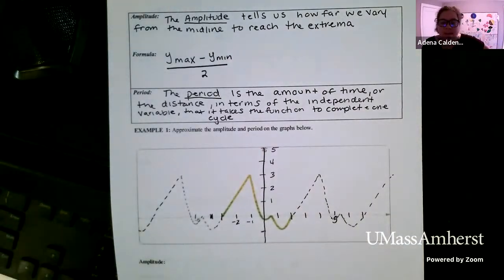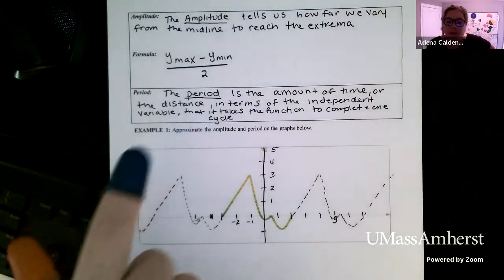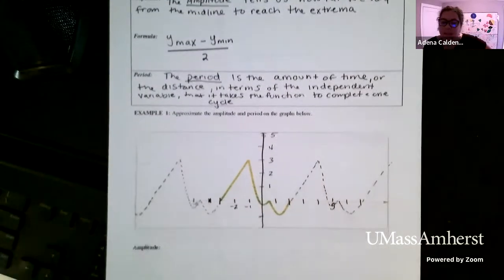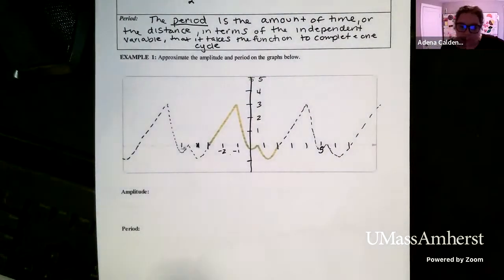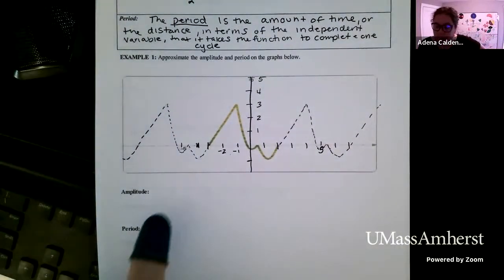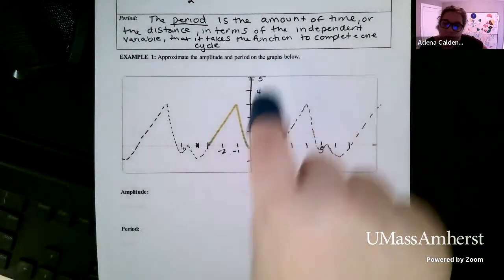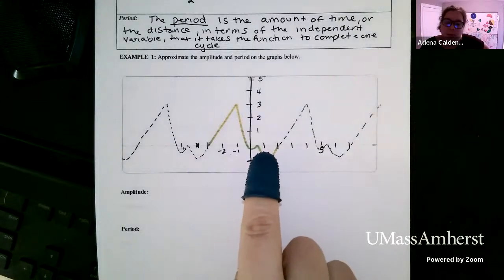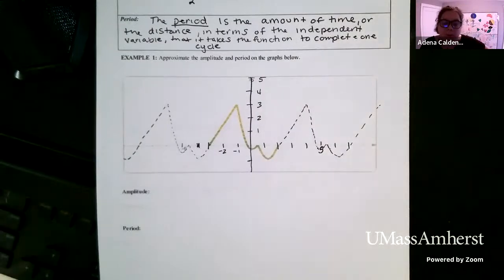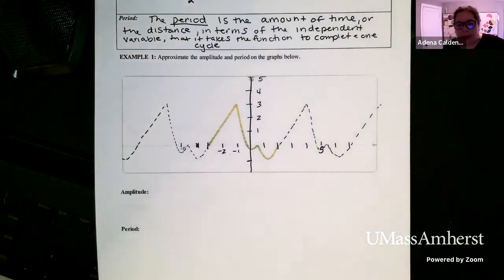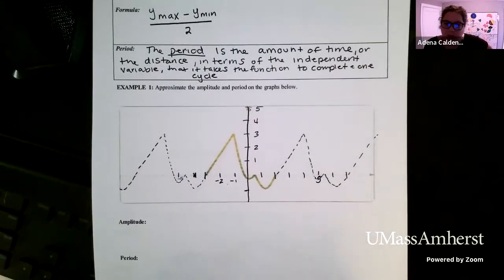So let's take these two ideas, this idea of amplitude with our formula and this idea of period, which is repetition, and see if we can look at this particular graph or periodic function and determine the amplitude and the period. You can see how I've labeled 1, 2, 3, 4, 5 up the axes. This is also counting by ones. I've just ticked off the tick marks. Okay, so I want you to take, I don't know, a minute and a half. See if you can put this into play. I'm going to move that down a little so you can see the formula.